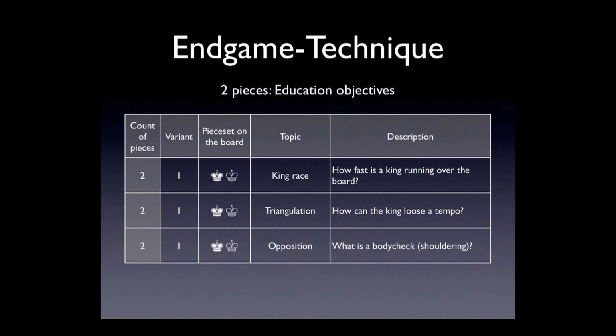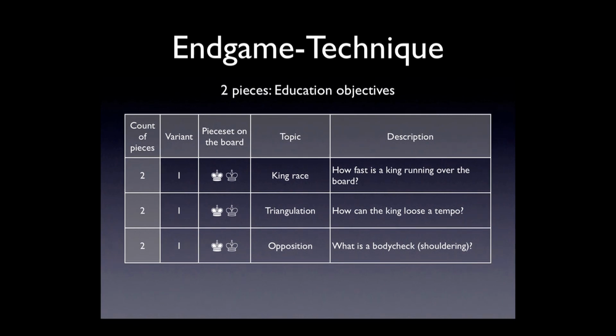This brings us to the topic of the opposition, which is standing face to face to each other and sometimes called a body check or shouldering. This is a very basic and very, very important topic and theme in chess.